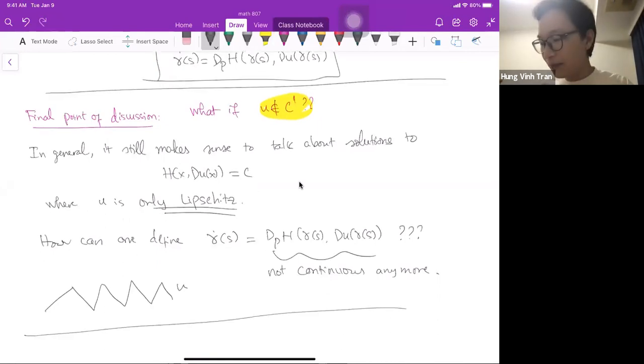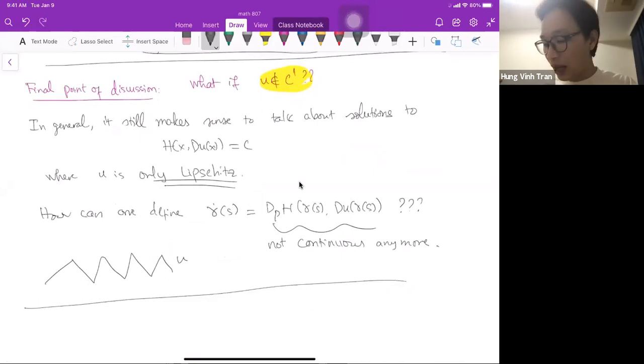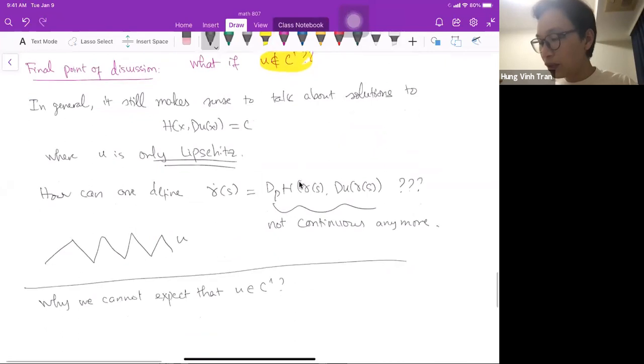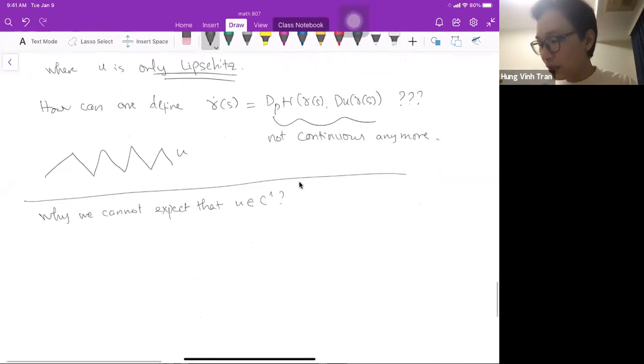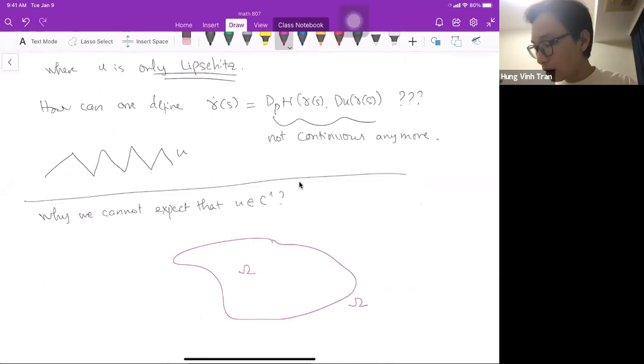Actually I'm out of time, but let me give you just one example why we cannot expect that u is C1. Some of you surely know this example, but some of you probably haven't seen this one. Consider the domain omega with the boundary, assuming that the domain omega is homogeneous, so the light can pass through any point with constant speed, and assuming that the speed of light is 1, by normalization.